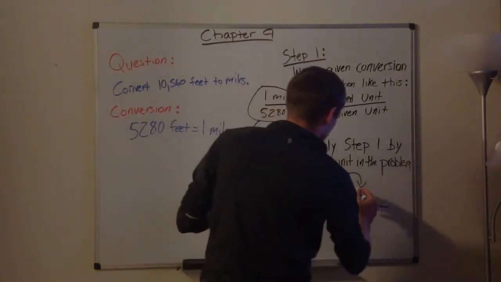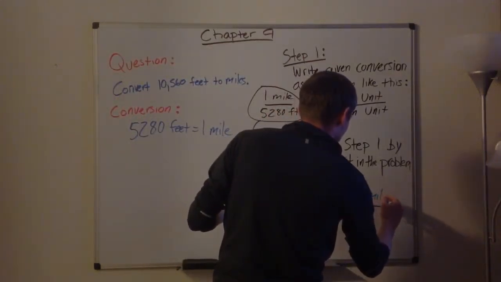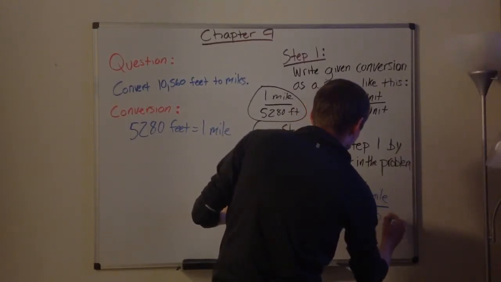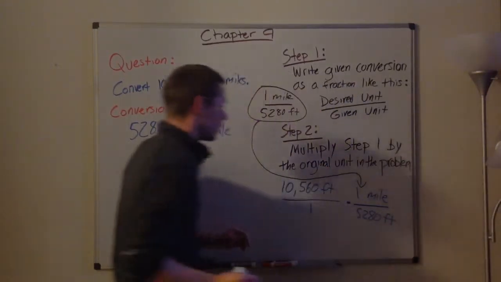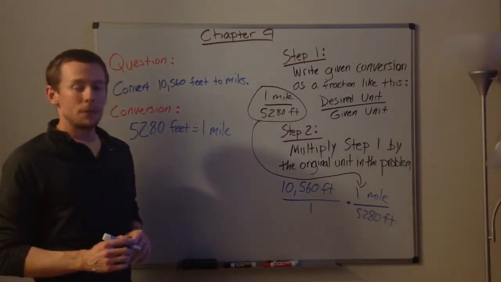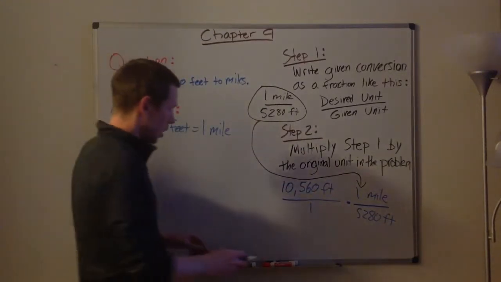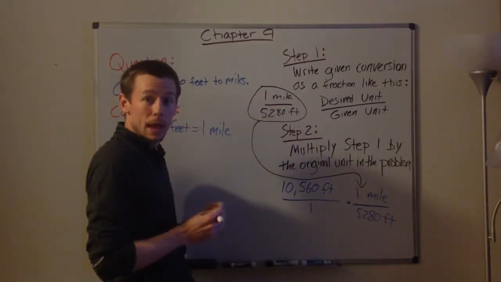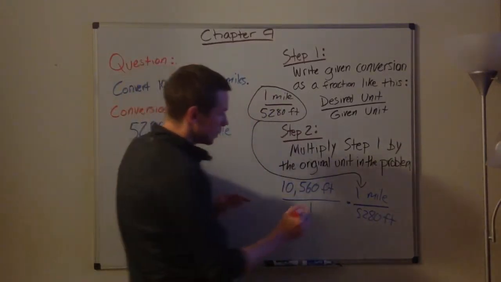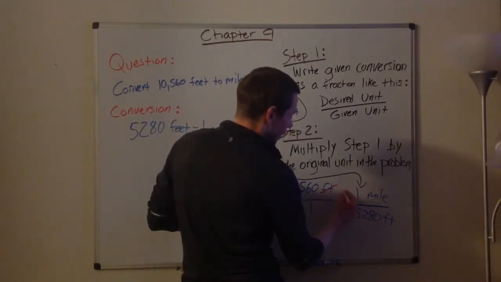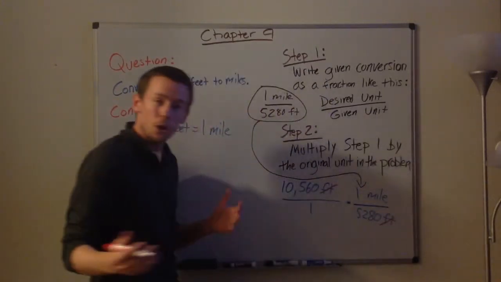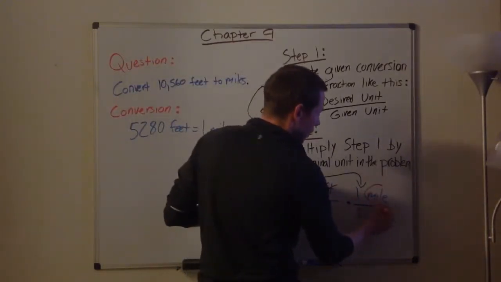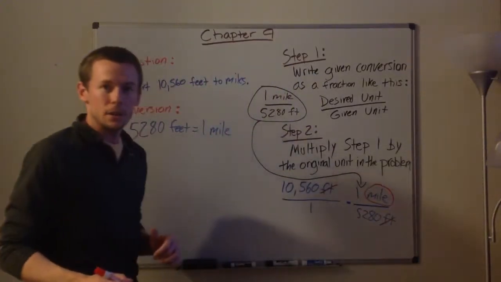1 mile over 5,280 feet. So now I'm ready to complete the problem. Again, what this will allow me to do is cross-cancel our starting unit and end up with only our desired unit left.